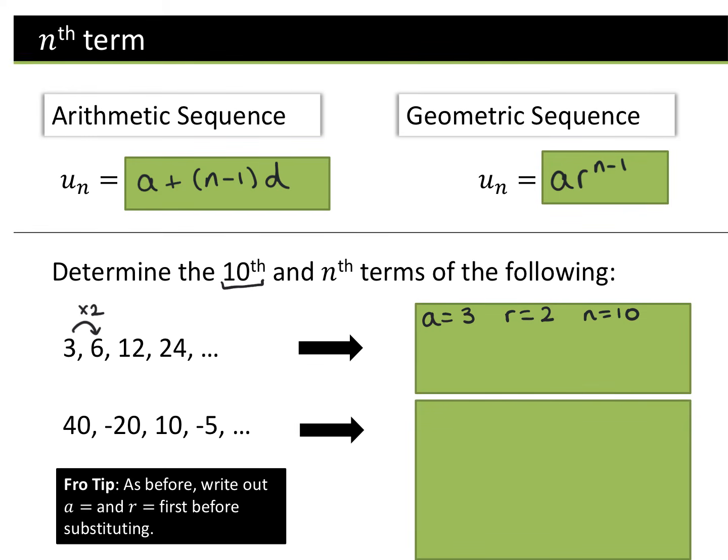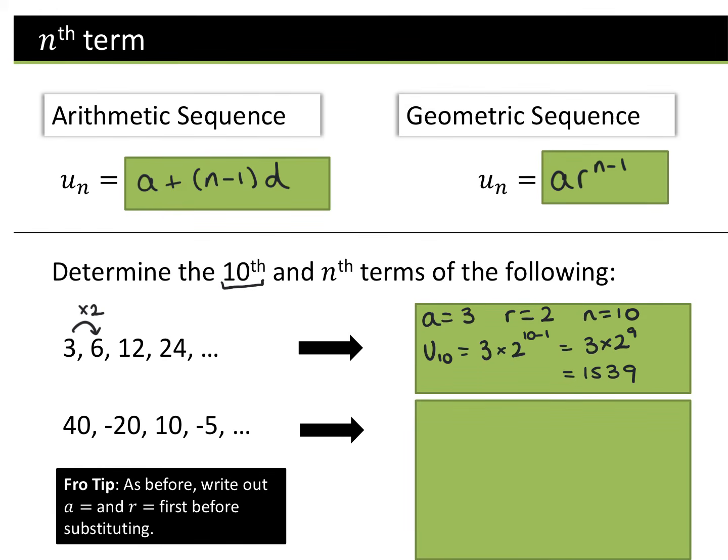To write this, we know that u10 equals 3 lots of 2 to the power of 10 minus 1, which is going to give me 3 times 2 to the power of 9. I'm going to work that out and I'm going to get 1,536.